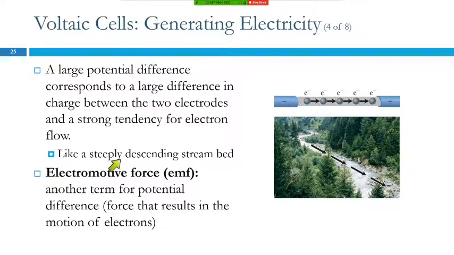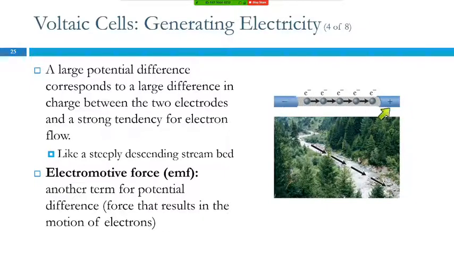This is like a steeply descending stream bed. So here, if you have like a mountain stream where the drop in elevation is very steep, that water is flowing very fast, right? Whereas out in the plains, if there's very little difference in elevation, then the water will be moving more slowly. So the electrons are moving in response to that potential difference.